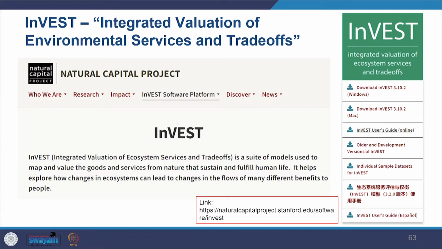You may apply such tools depending upon availability of scale-relevant spatial data. So if you have data of that particular scale, then you can use this tool. And it is advisable that if you use such a tool from the very beginning of the assessment process, that allows you a much more robust and spatially clear approach.